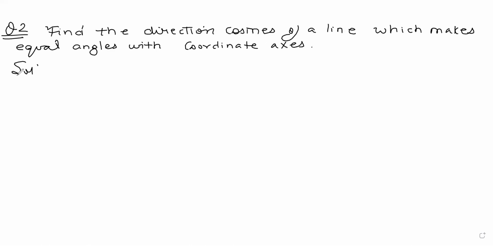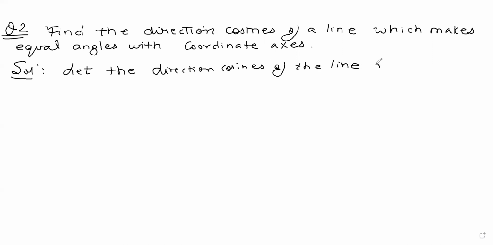So we can say let the direction cosines of the line make an angle theta with each of the coordinate axes.